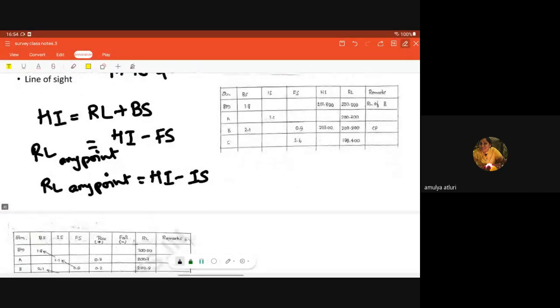Line of sight: it is an imaginary line passing through the optical center of the objective and the intersection of cross hairs.